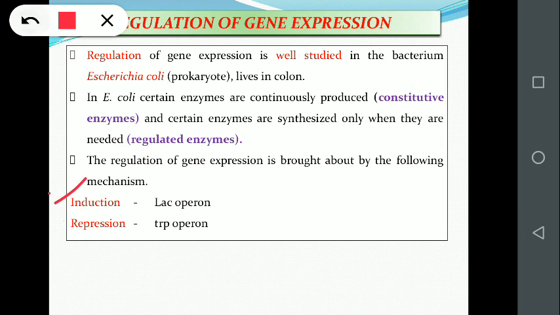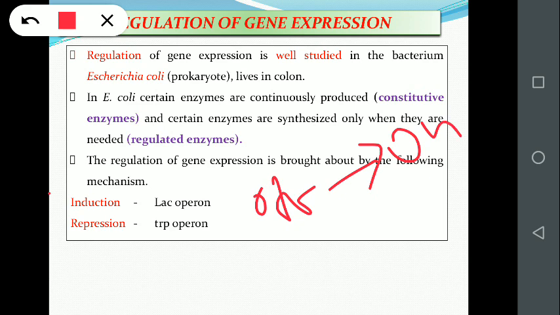From the name itself, we can easily understand what induction is. Induction means induce. Something is inducing the expression of genes. Something is turning on the genes, so that is called induction. That means those genes are already in a turned off state, and something is turning them on.